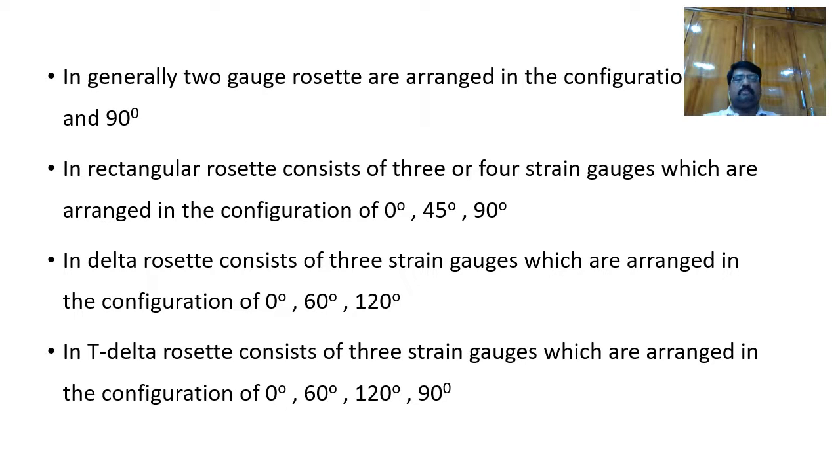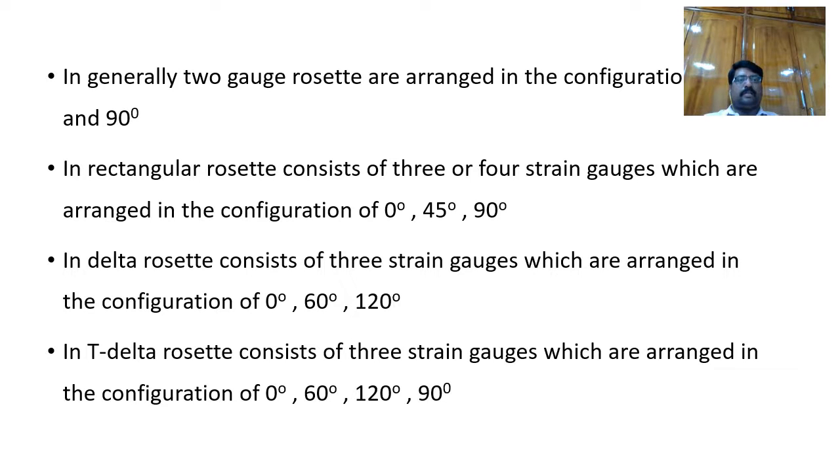Based on the number of strain gauges, we arrange them in equiangular positions. In the delta rosette, equiangular meaning all angles are equal, 3 strain gauges are arranged at 0, 60 and 120 degrees.